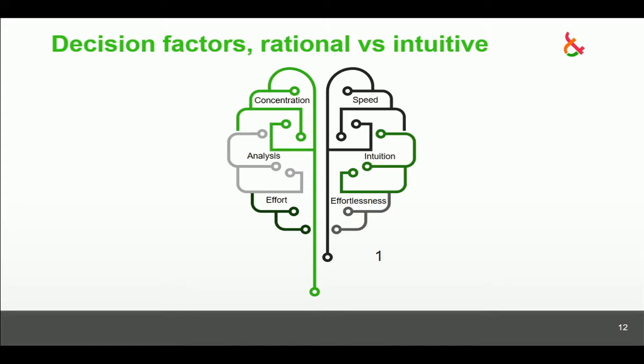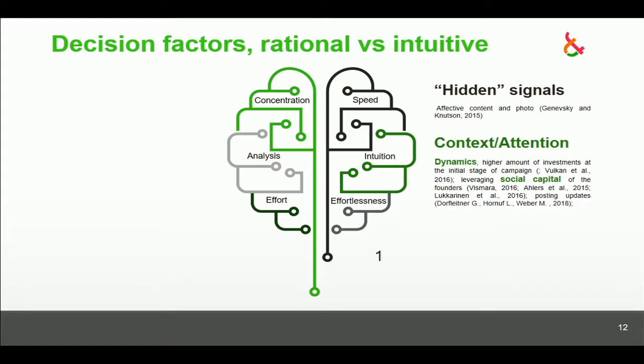For System 1, which is associated with speed and thoughtless decisions, there can be some hidden signals, like, for example, affective content and photo influence.